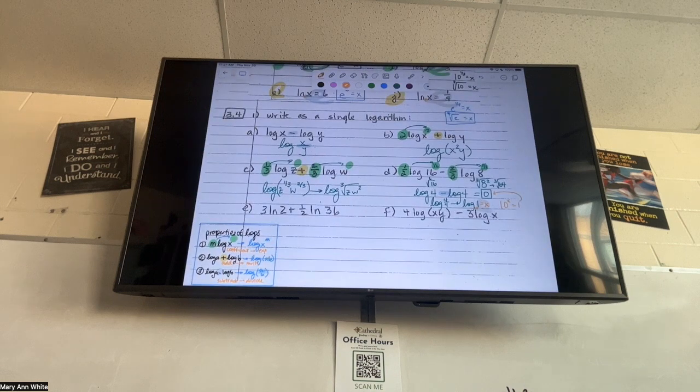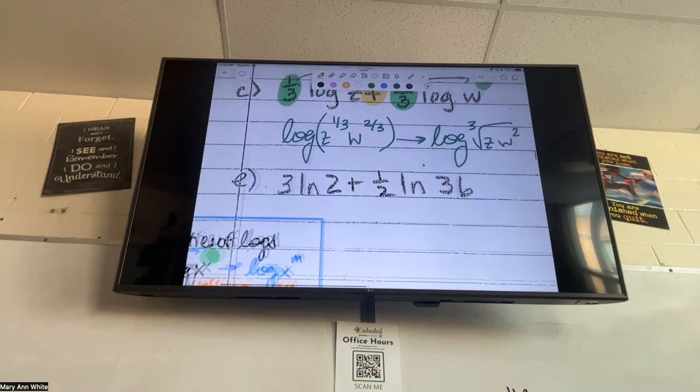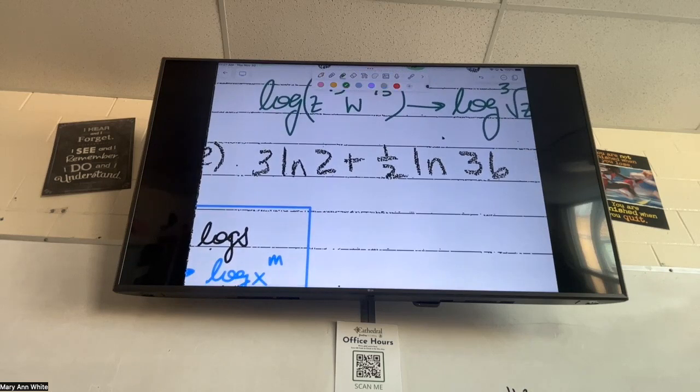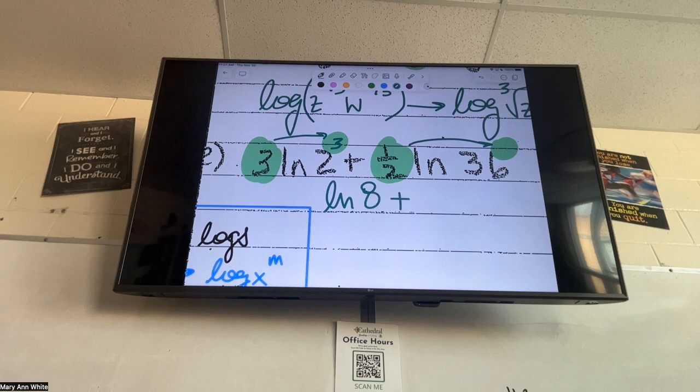We got one more that we can do some things to because we've got some numbers here as well. What should I do first? Good, exponents. I know we keep feeling like we're saying the same thing, but that is a good thing to always do first. And just like last time, I'm gonna do that and then simplify them before I move on. So 2 to the 3rd, we can do that. What's that gonna be? 8, good. So I've got ln of 8. And then I'm gonna do ln of 36 to the 1/2.